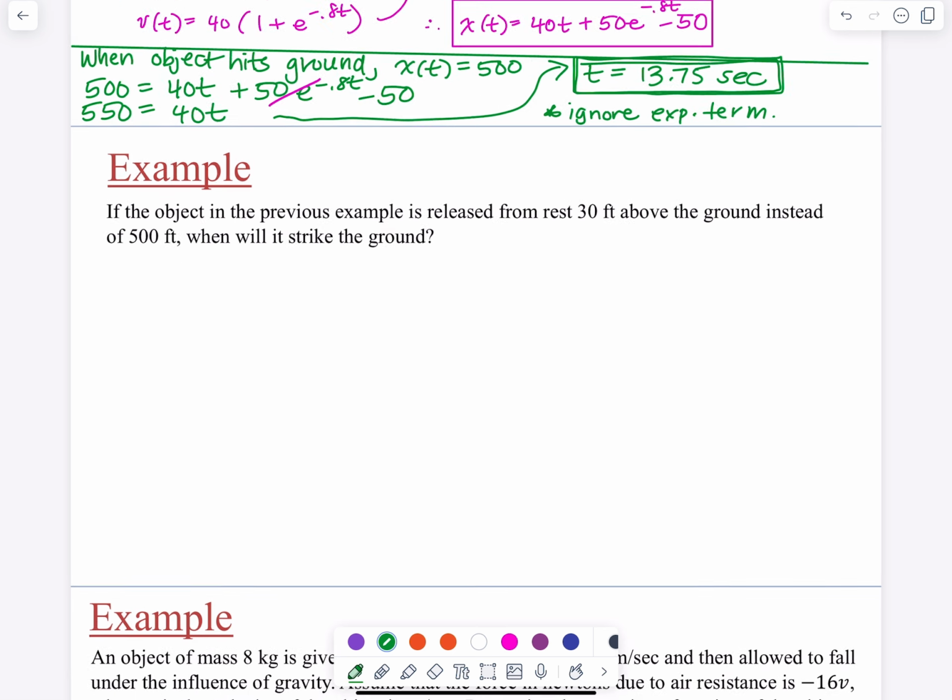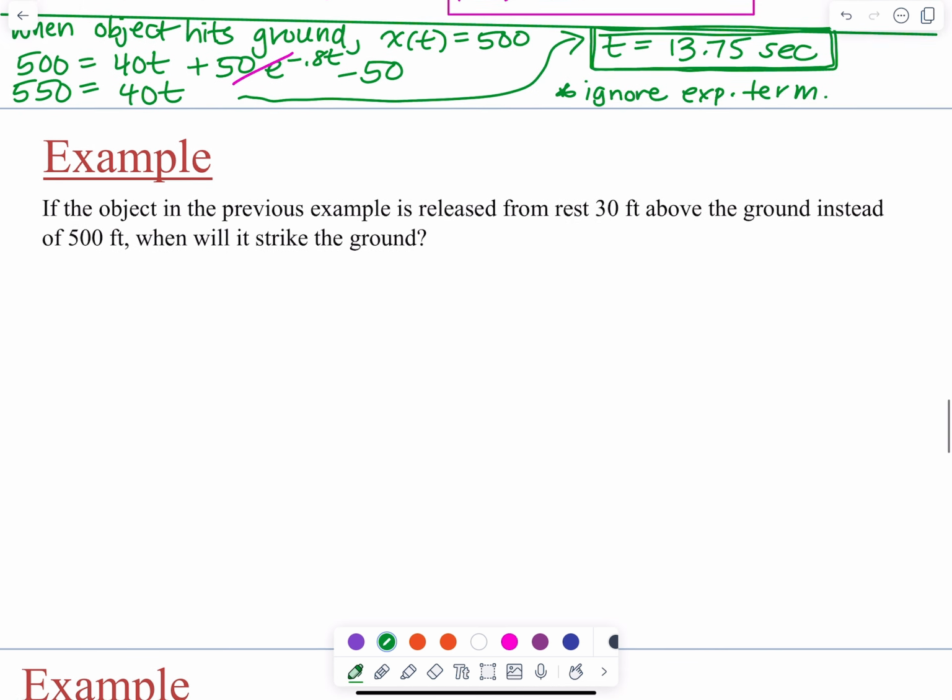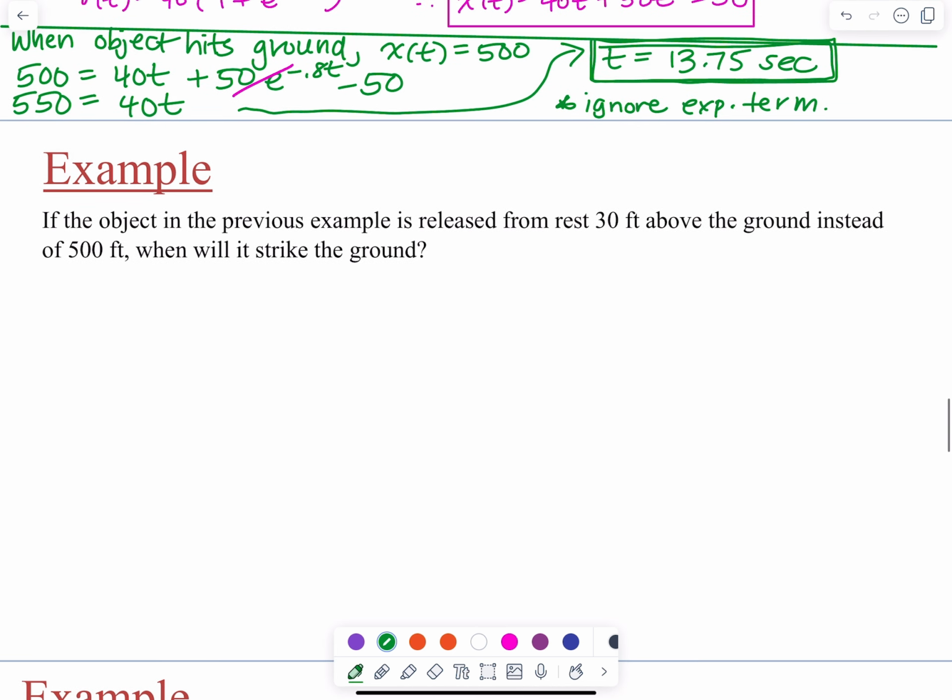If we're talking about the previous example, but the object is released from rest 30 feet above the ground instead of 500, when will it strike the ground?